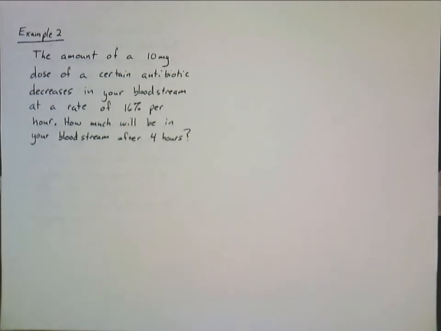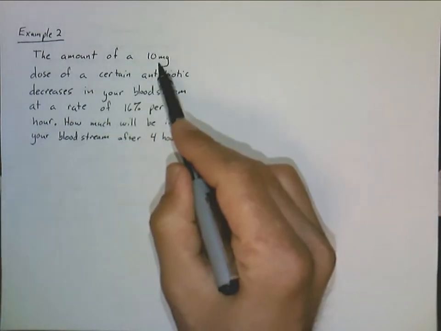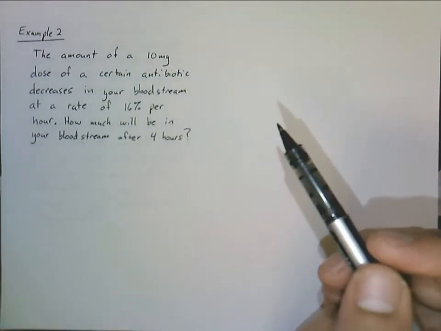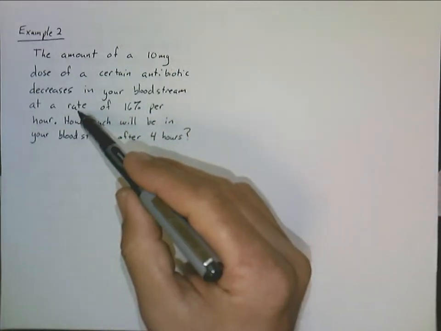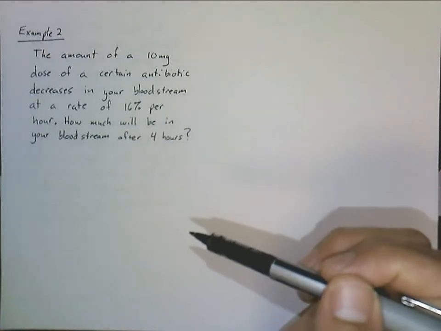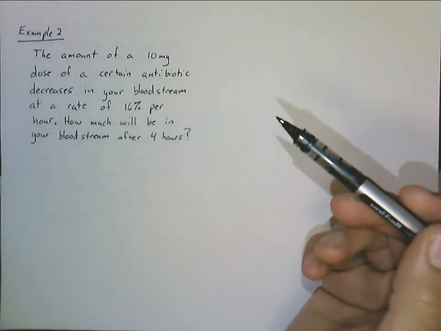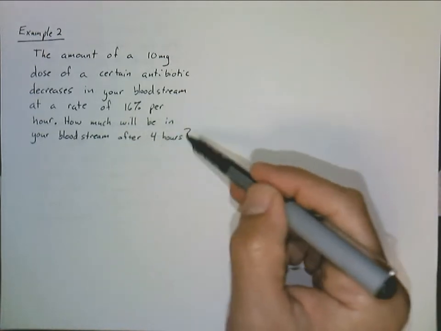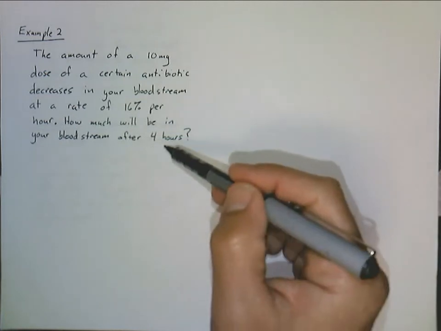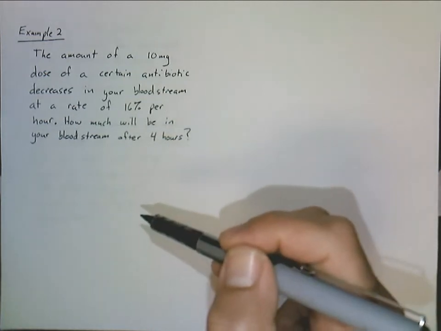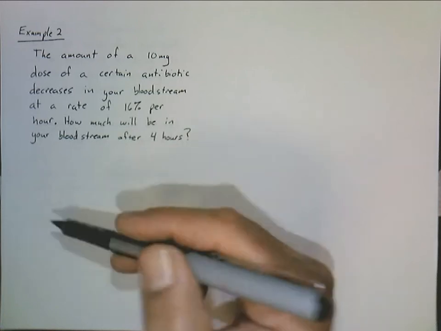So now we have a dose of antibiotic injected into your bloodstream. Initial value, putting in 10 milligrams. And the decay rate is going to be 16%, or 0.16. And now after 4 hours, this time not years, 4 hours, we want to know how much of this antibiotic is still going to be in your system.